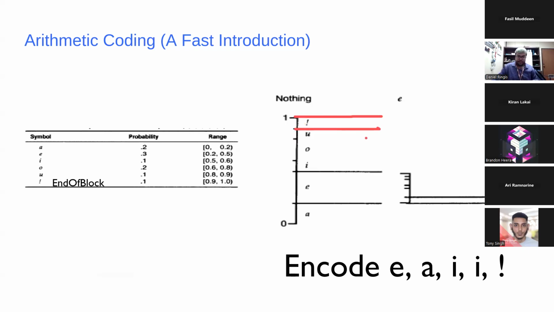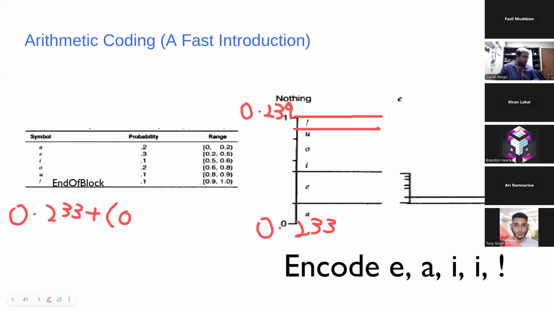This is going from 0.233 to 0.239, which means our bottom value should be 0.233 plus 0.9 times 0.006, which is 0.2384.